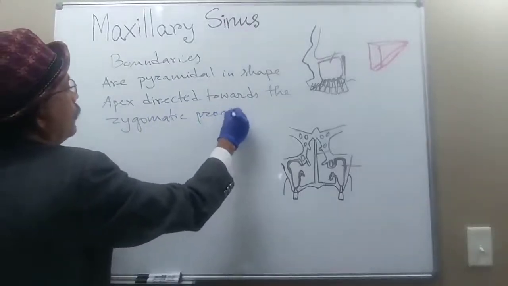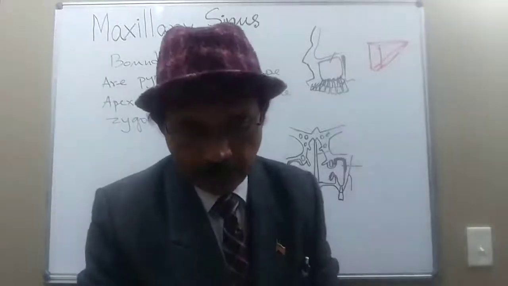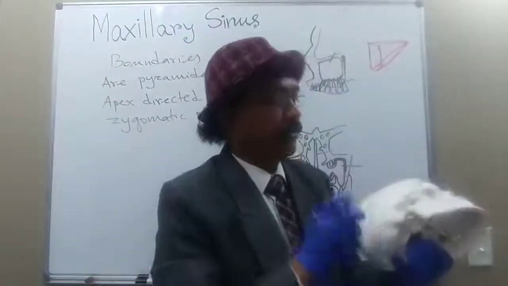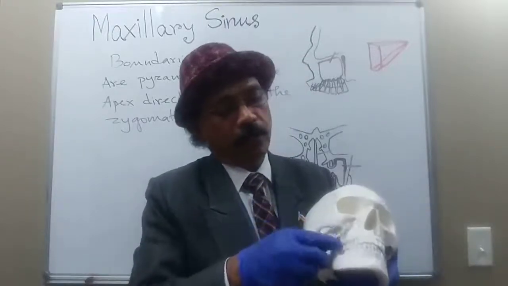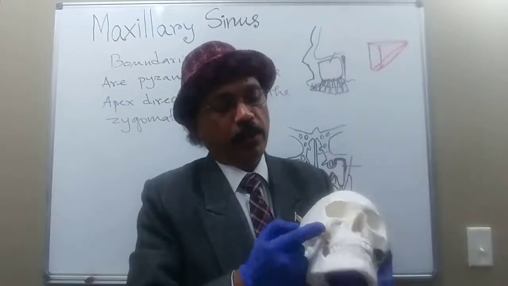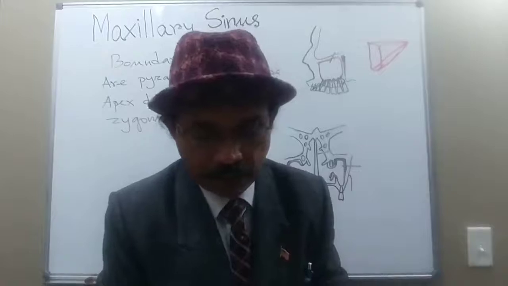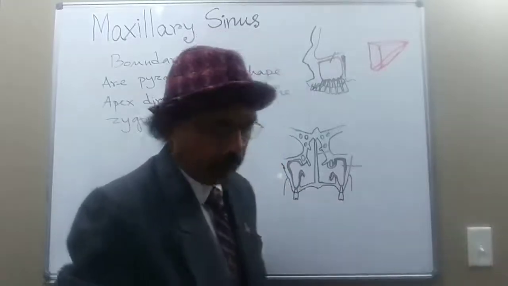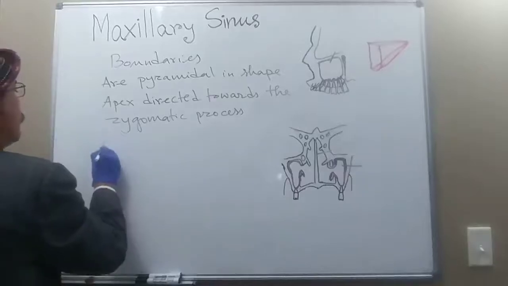Okay, so we got that. So this is our maxilla. This is the zygomatic process here. So the apex is towards the zygomatic process. And it has a base.